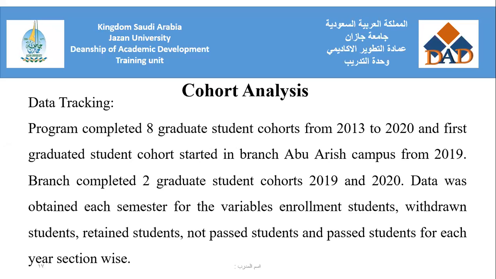Data was obtained each semester for the variables: enrollment students, withdrawn students, retained students, not passed students, and passed students, for each year, section wise: male section, female section, and branch section. All these variables' information we have collected.